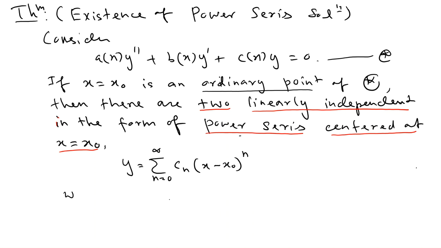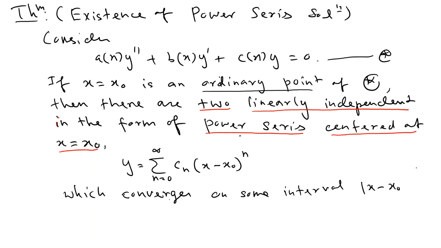So which converges on some interval |x minus x naught| less than r, with r positive.